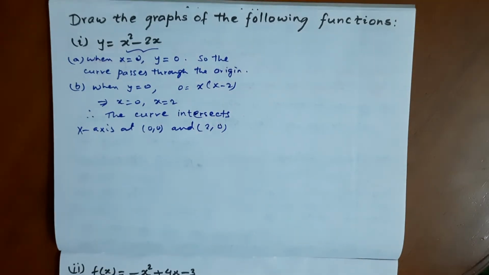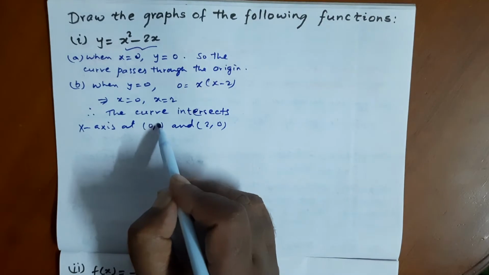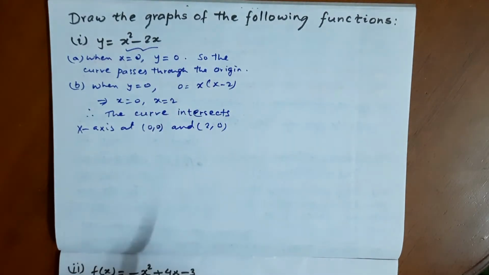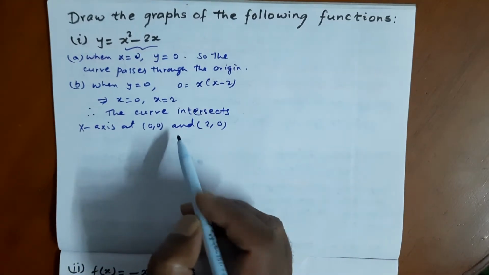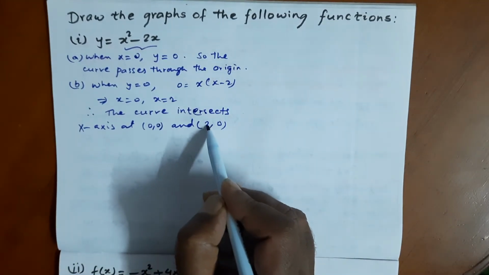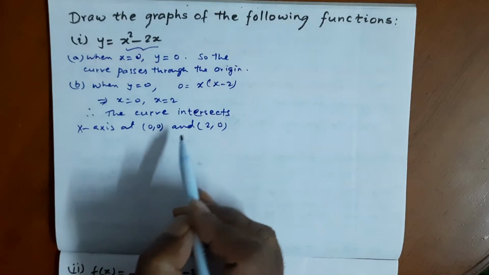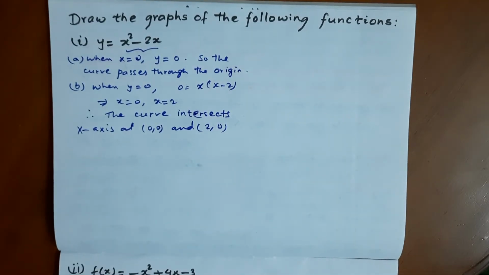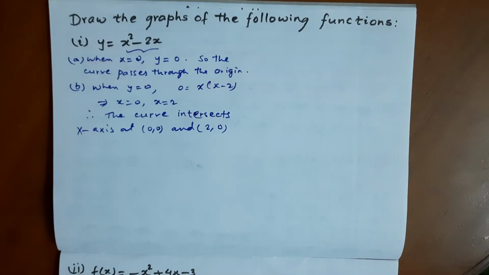This (0, 0) is the origin itself. Already we have found out it passes through the origin, and this (2, 0) is the point on the x-axis. That means the curve intersects the x-axis at (0, 0) and (2, 0). Okay, so in this way we found out where the curve intersects the x-axis and y-axis.